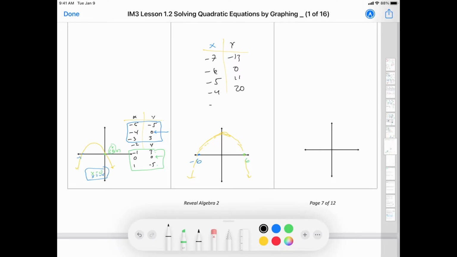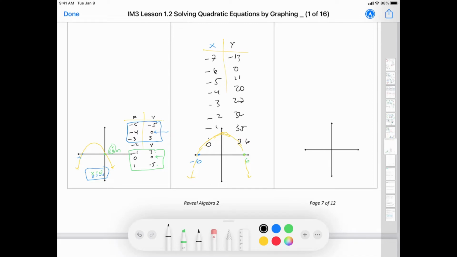And what I'm trying to show you guys here is where it is on the table. Well, you would have to go all the way up to the positive 6.